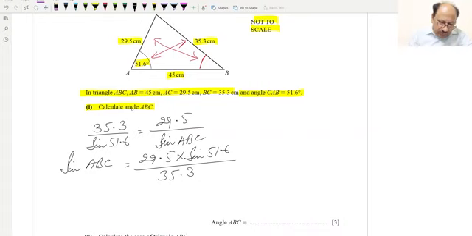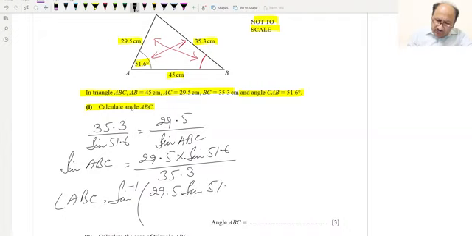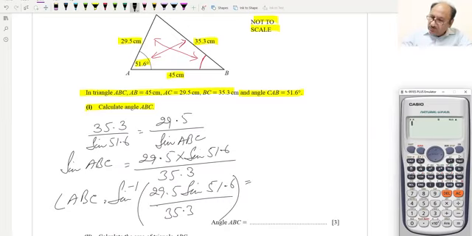So now we can shift the sine to the other side. So angle ABC will be equal to sine inverse of this whole value, 29.5 sine of 51.6 divided by 35.3, bracket close, and this will be equal to 40.9.